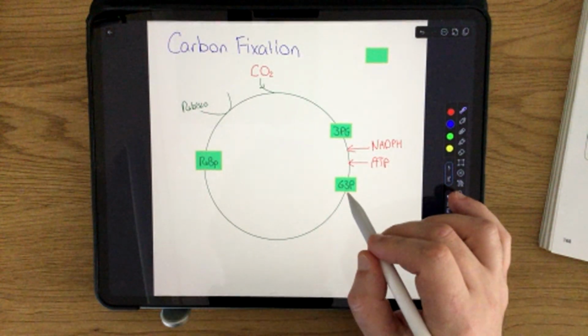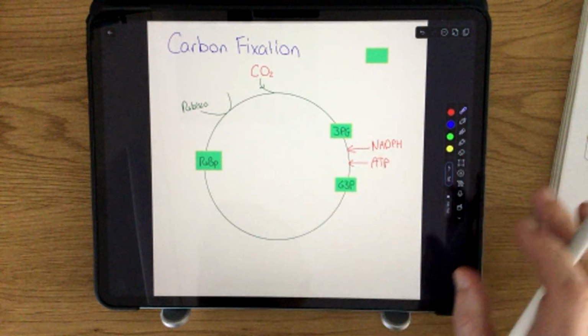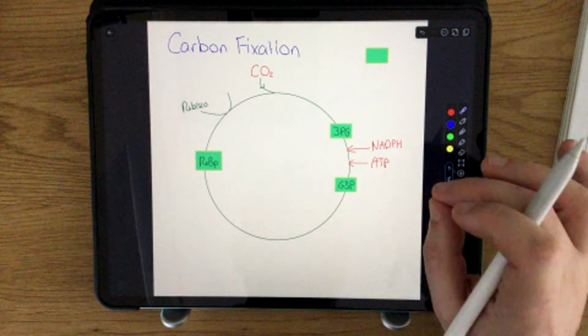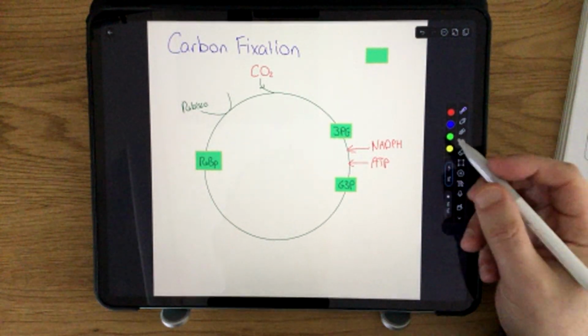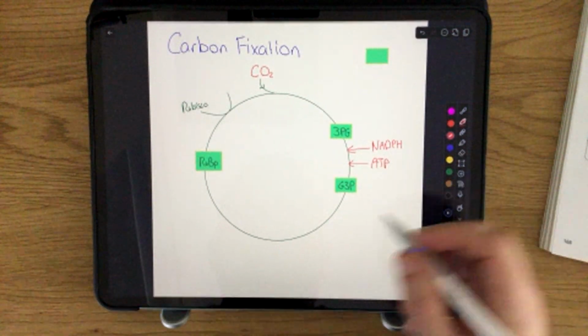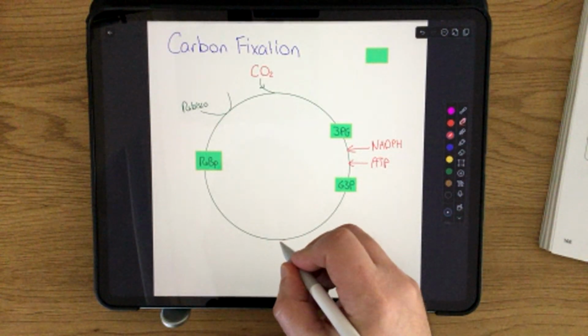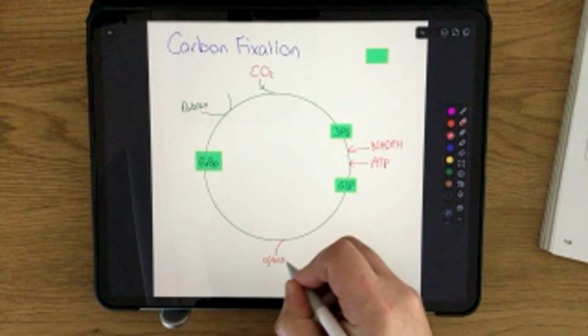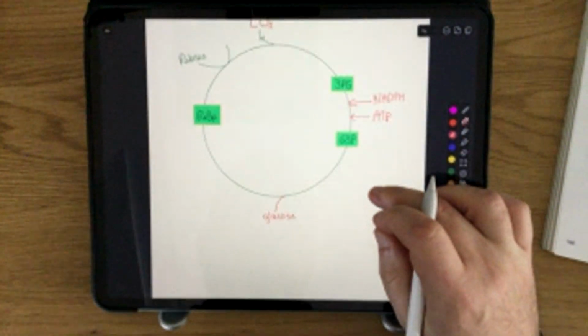So G3P, again, bear in mind it's a series of enzyme steps, is going to have two fates. The first fate, okay, the phosphate is going to be peeled off as glucose, okay?